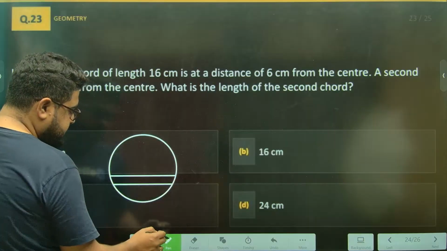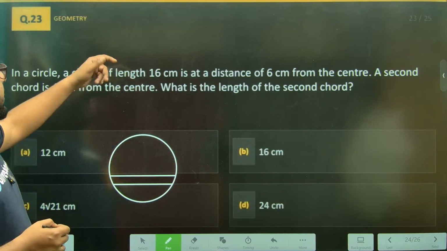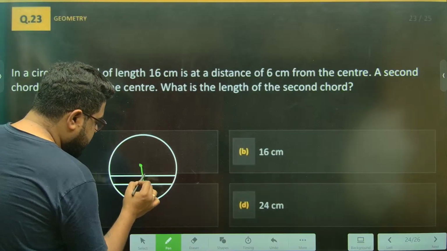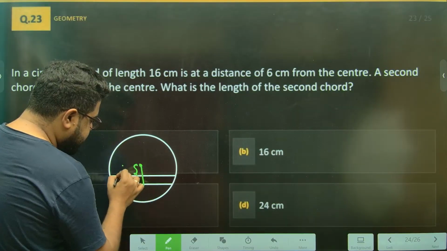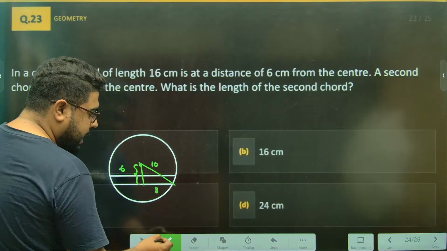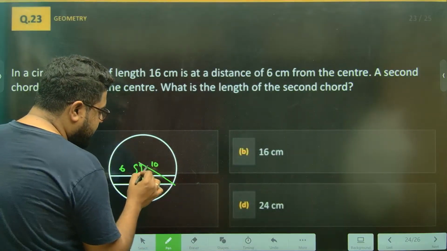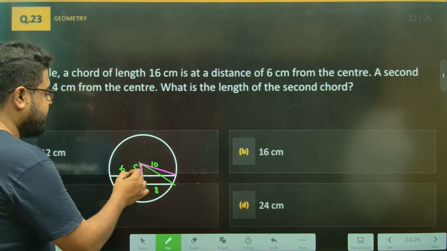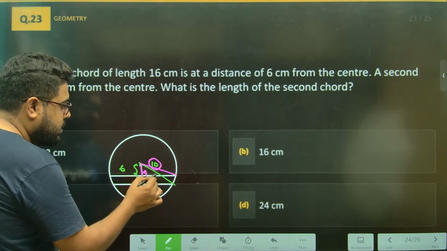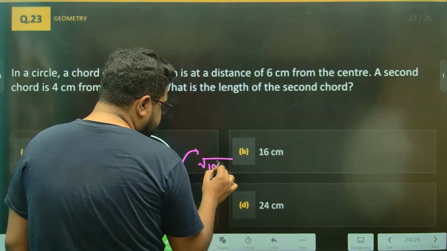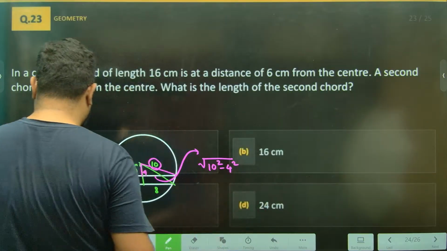So these are the chords. The smaller chord is 6 centimeters from the center. This is 8. So this radius must be 10. Now they are asking about the other chord. The second chord is 4 centimeters from the center. This is 10. So the chord length they are asking will be root over 10 square minus 4 square.